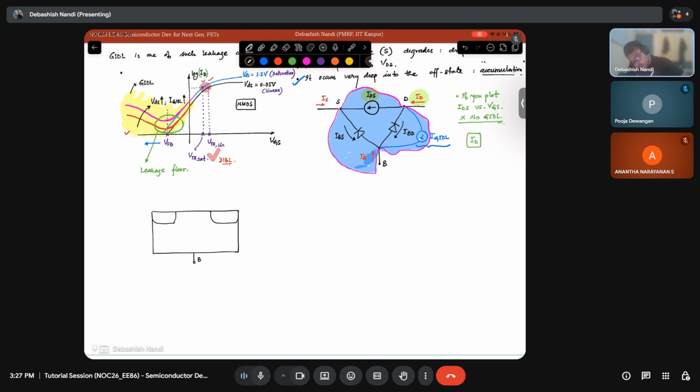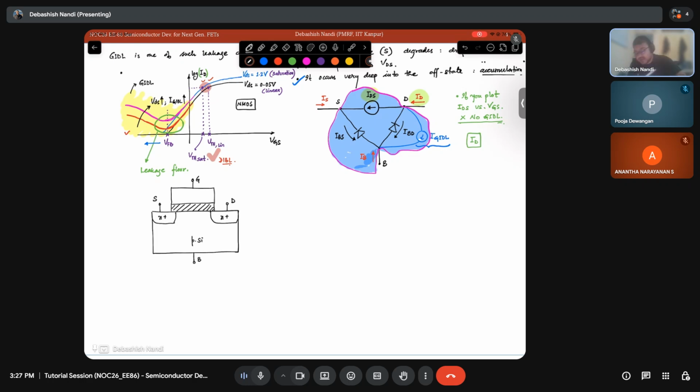This is your body, your P type silicon. This is your N plus. I am drawing a much larger oxide, which it should not be; it is just for representation's sake. This is drain, this is source, this is gate.